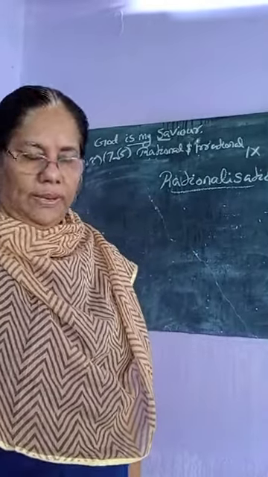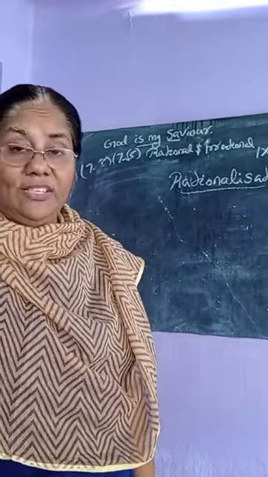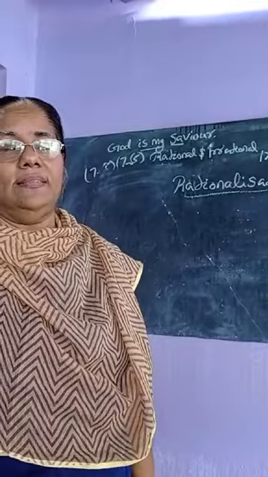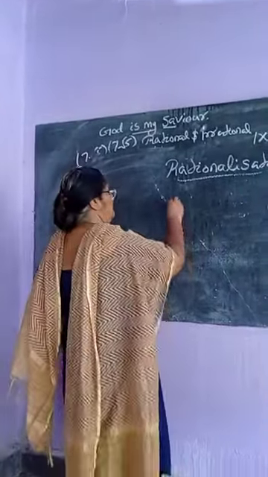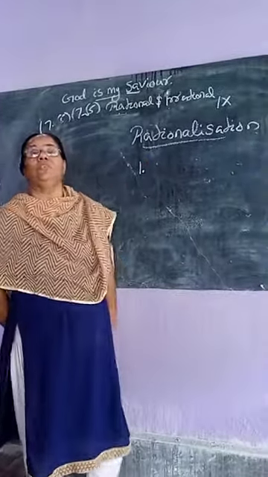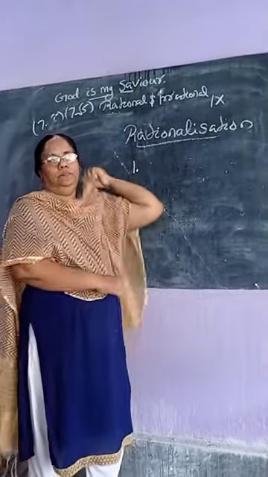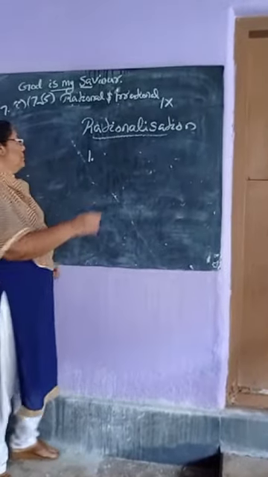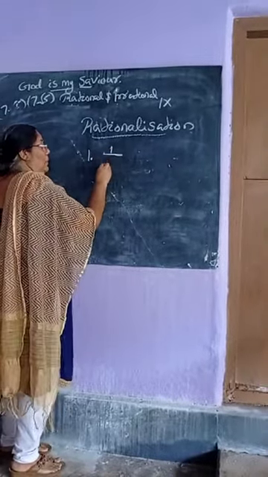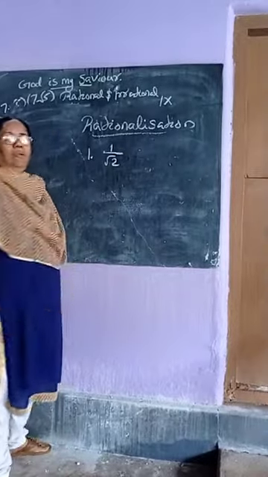Then again write: rationalize the denominator. Question number 1. Look here: 1 by root 2. That is simple.